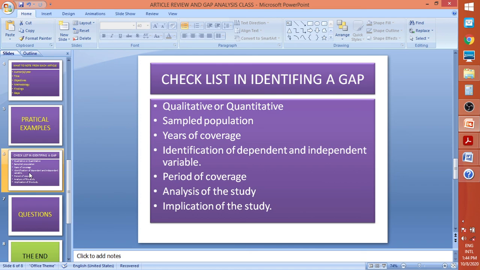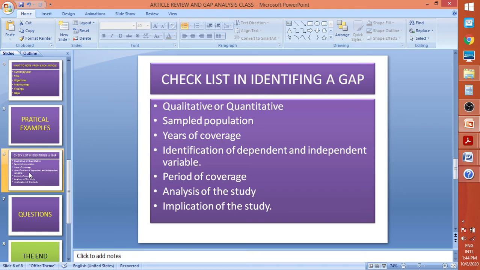Did the article cover up to 10 years? If it's not up to 10 years, you can use that as a gap. You can criticize the article, saying that the number of years covered was only 3 years, which is not sufficient for a study as its year coverage.